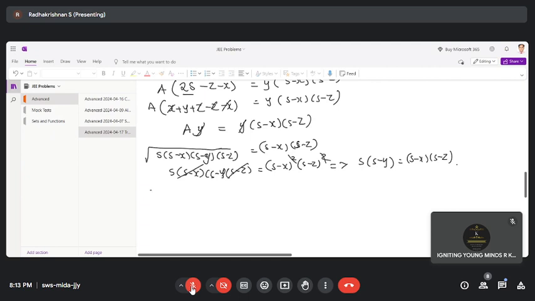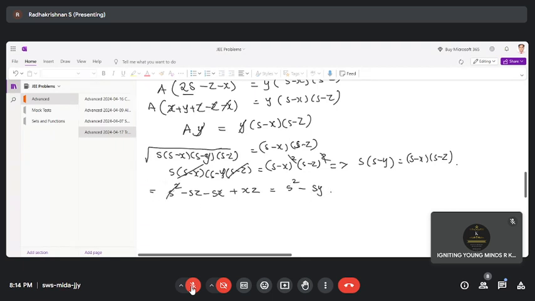So further let us simplify. S square minus sz minus sx plus xz equal to, I have written the product of s minus x and s minus z. So here it is s square minus sy. Okay.